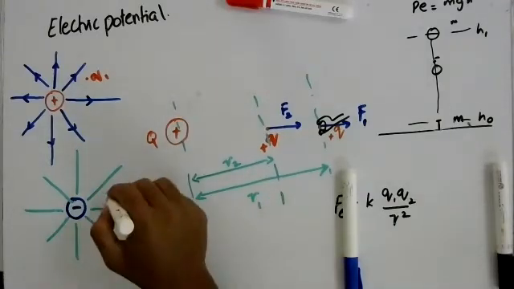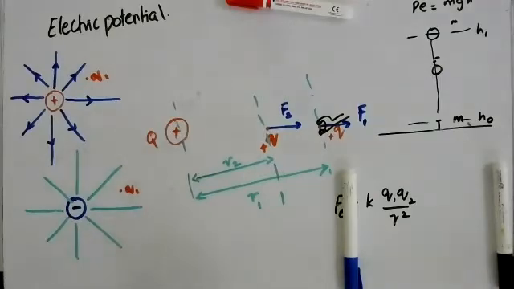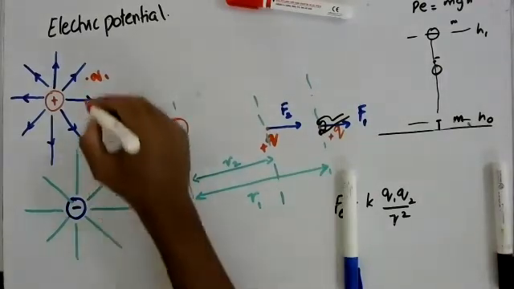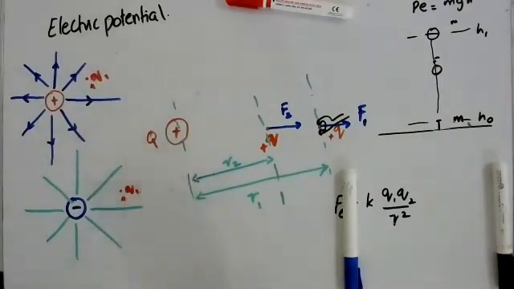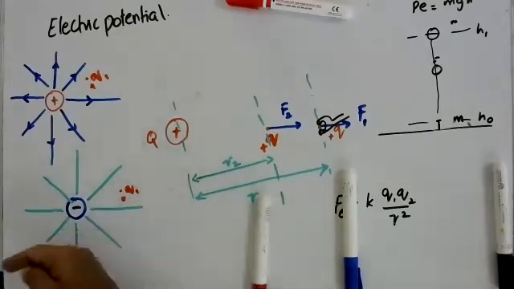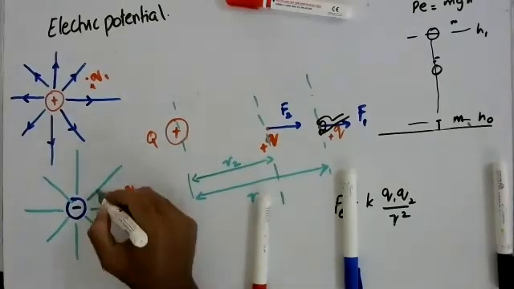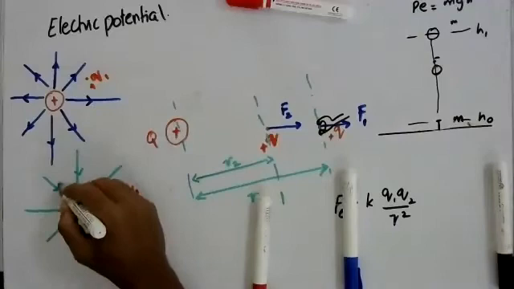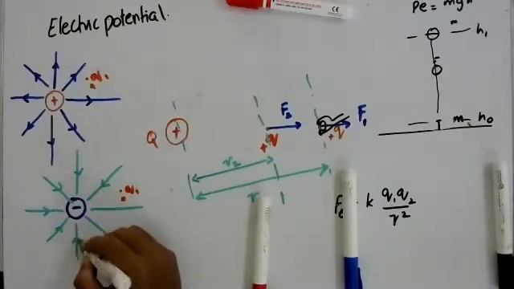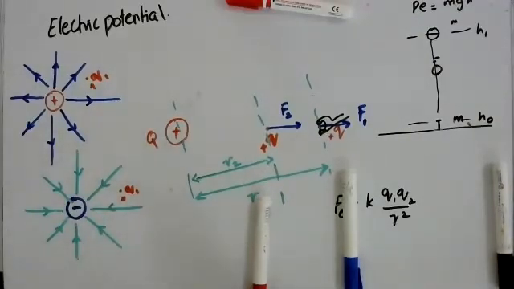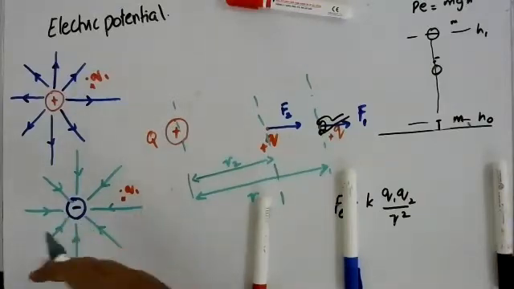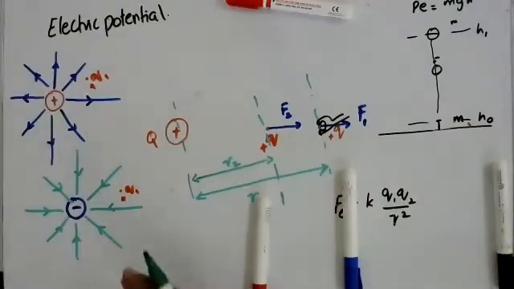The test charge is always positive. So if you have a positive test charge Q1, then naturally this is going to be attracted towards it. Therefore the field lines for a negatively charged object point inwards. Everything else is exactly the same. The strength depends upon the density of the field lines. It's 3-dimensional. It's all over the place.